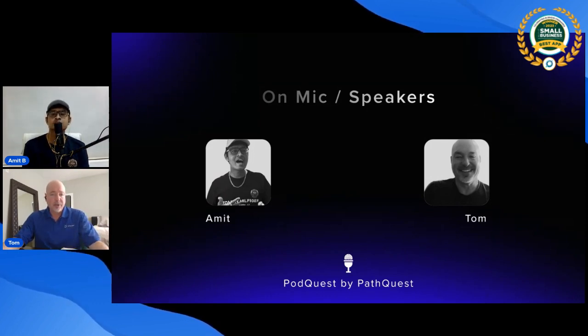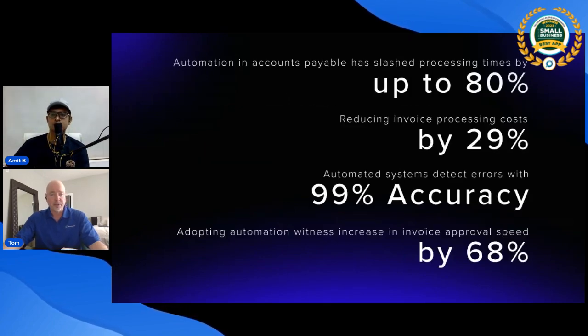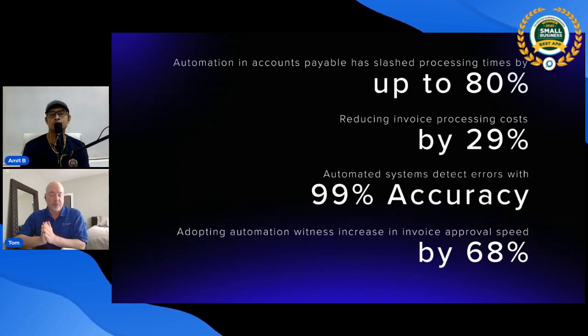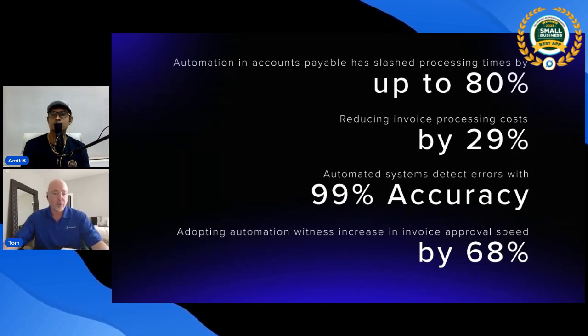Companies adopting automation witness a 68% increase in invoice approval speed, leading to significant cost savings and improved operational efficiency. What we see is, with the amount of stress that AP people are under, we're able to free up that time and put them in other roles that are actually revenue generating for organizations.